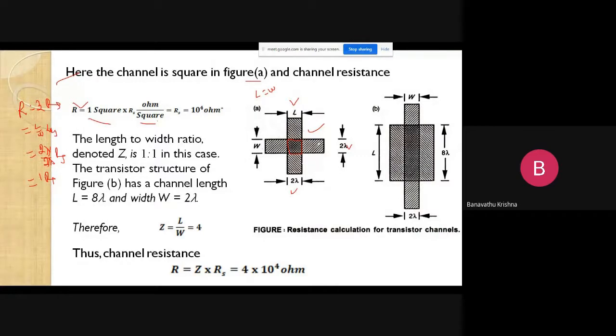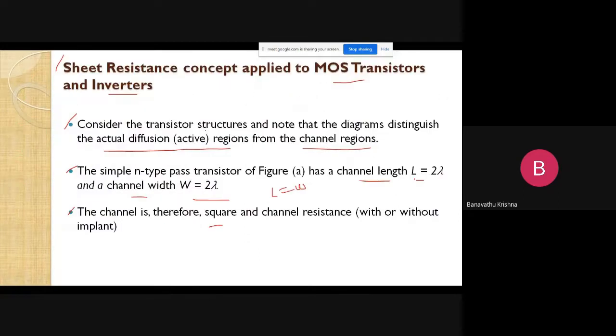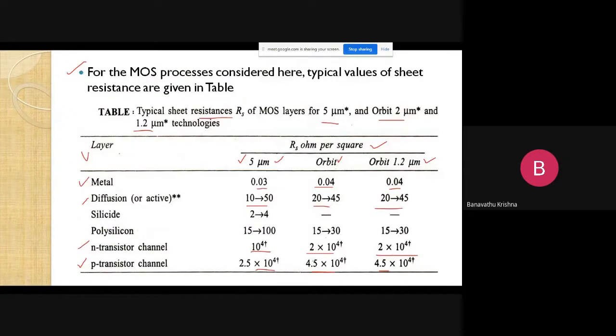We know the resistance value, suppose it is 5 micrometer technology, I want to take the resistance value 10 to the power of 4 from this table. This is the N transistor channel. The Rs is 10 to the power of 4 for 5 micrometer technology. As I already told you, remember these values, this is very important.